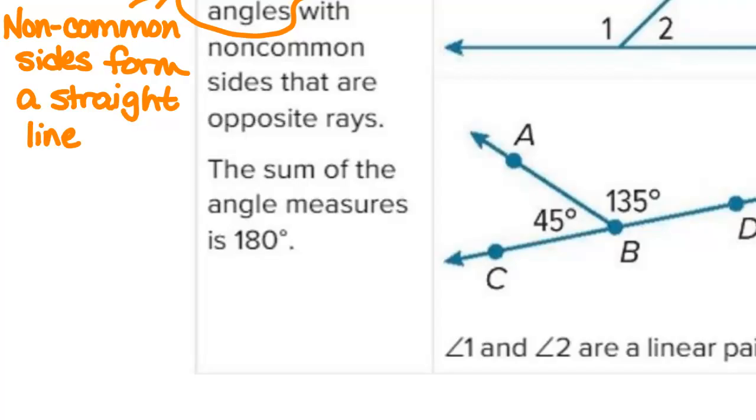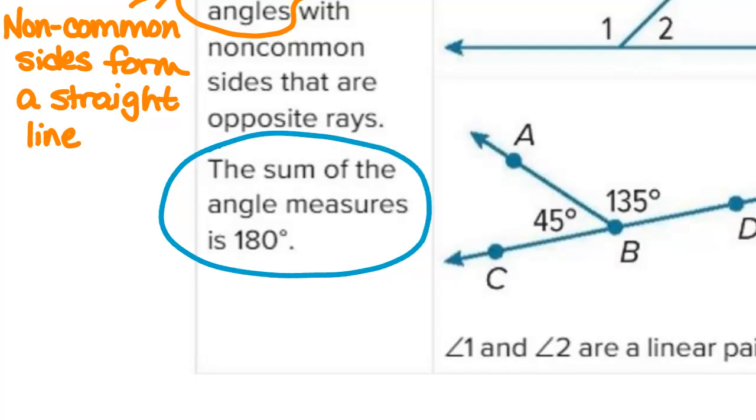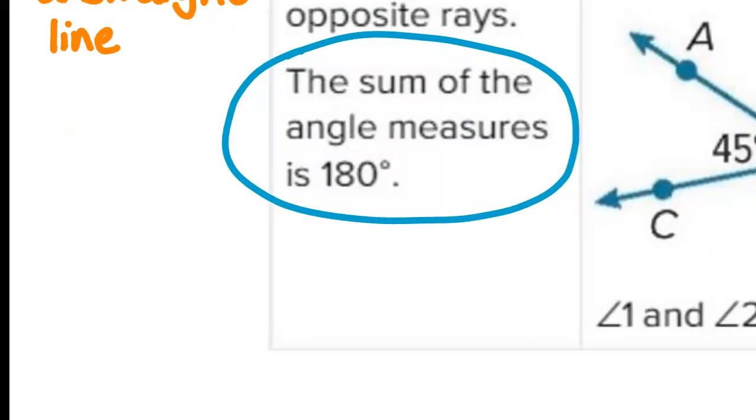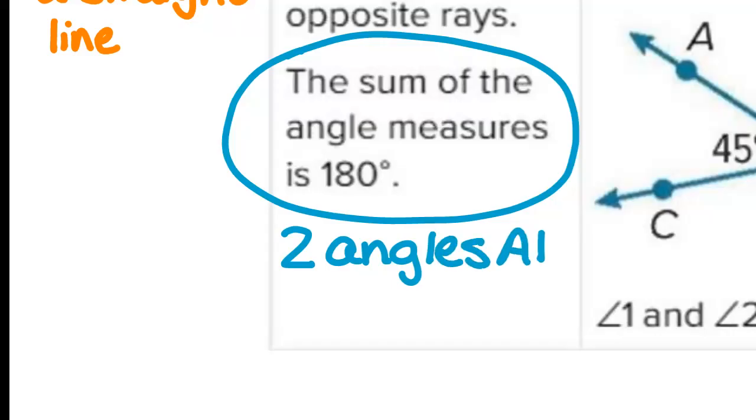Because the non-common sides form a straight line, the sum of the angle measures is 180 degrees. So the 2 angles add to 180 degrees.